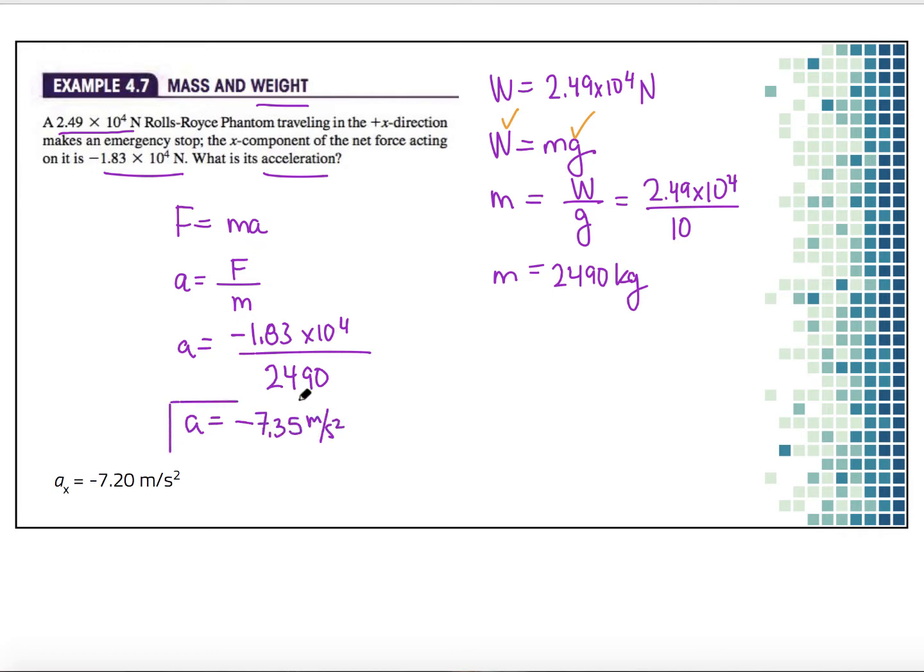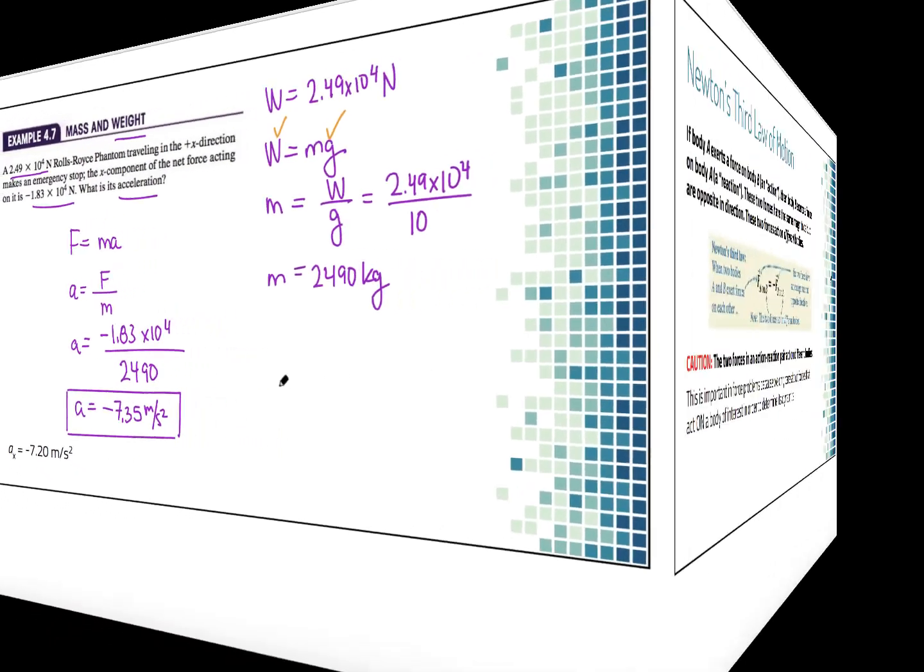The reason ours is a little different is because we use 10 for g instead of 9.8, which is where this answer came from. And that's perfectly fine because 10 and 9.8 are essentially the same thing when what we're trying to prove is how you solve these types of problems.